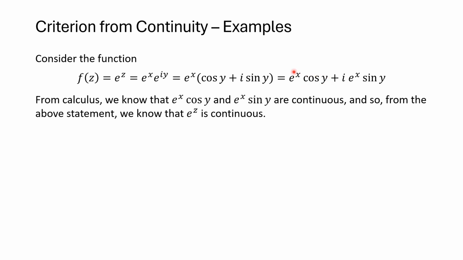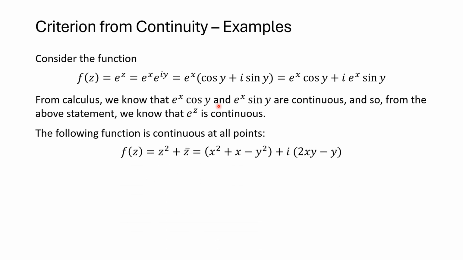And in fact, I'll go over the associated theorem on the next slide. And the imaginary part, we also know to be continuous from basic calculus. So we can conclude from the theorem on the previous slide that f of z is in fact continuous at all points.